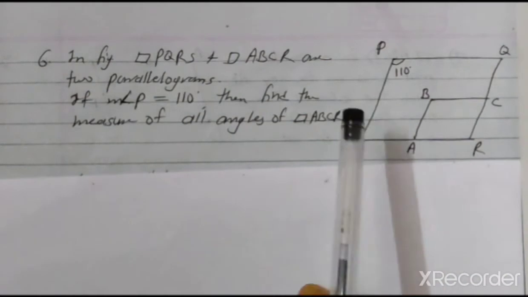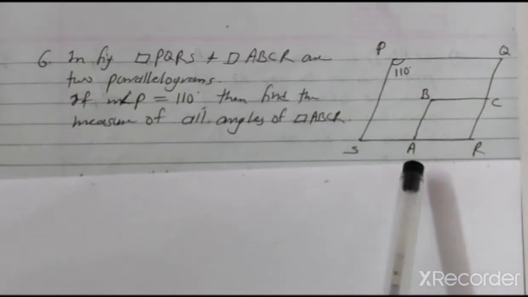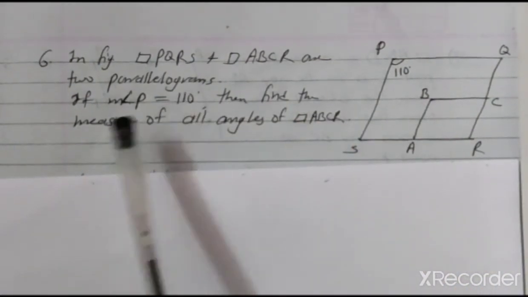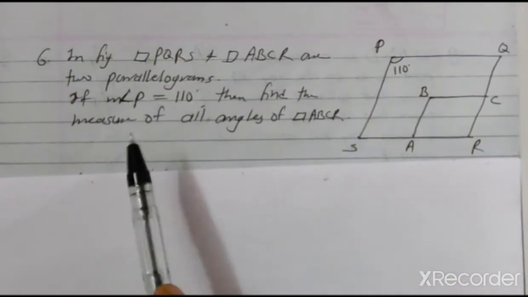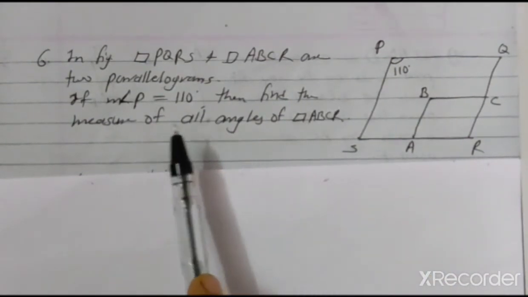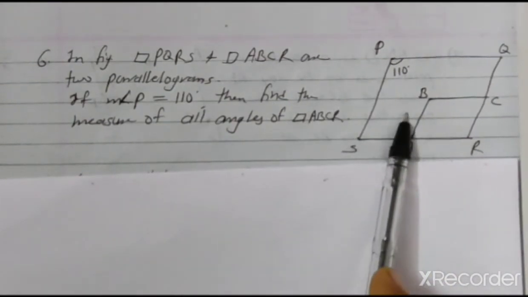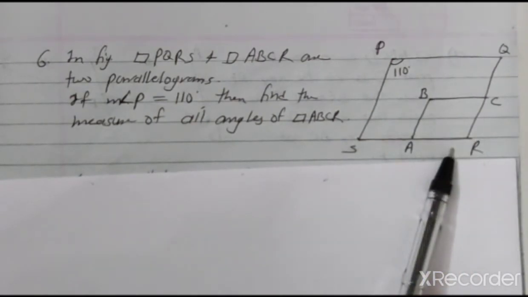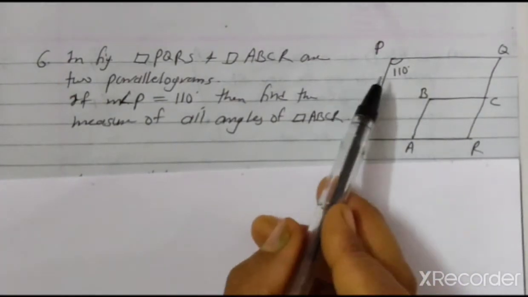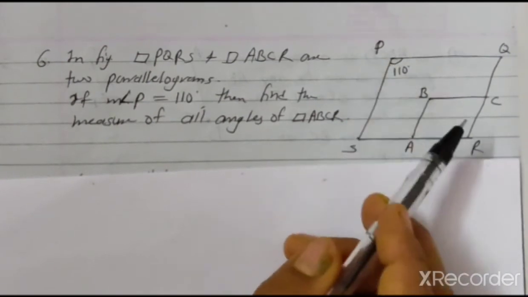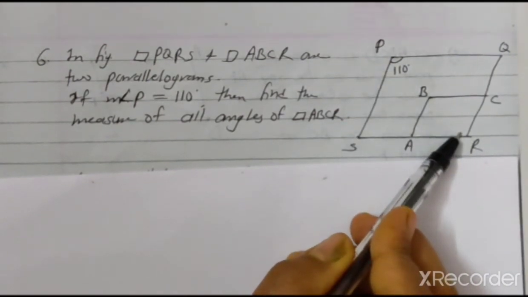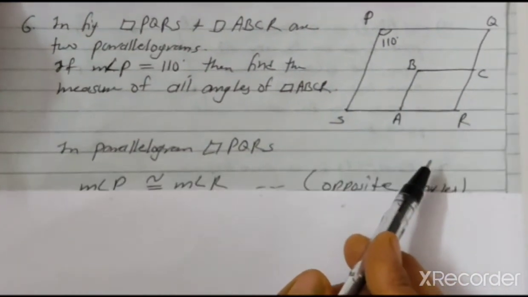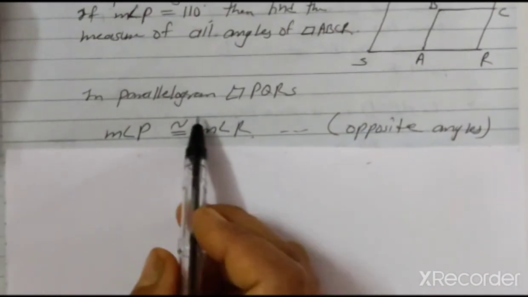In this figure PQRS and ABCR are two parallelogram. Measure angle P is given. Here we have to find out measure of all angles of this small parallelogram ABCR. So we know that this angle P is congruent with angle R because both are opposite angles of this parallelogram.